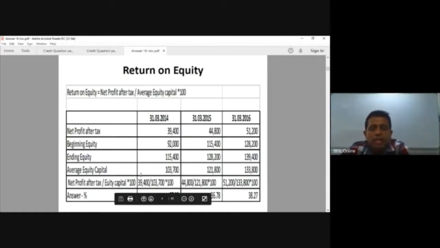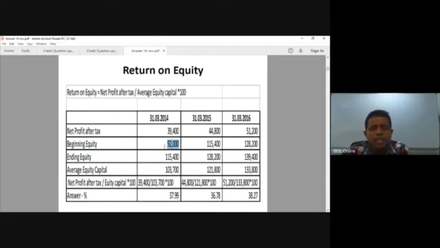Now we'll go and check how these figures arrive. 2013 one, 92,000, and 2014, 115,400, right? First, we'll calculate this 92,000. I mentioned this is 2013 ending equity. 2014 beginning means 2013 ending equity.